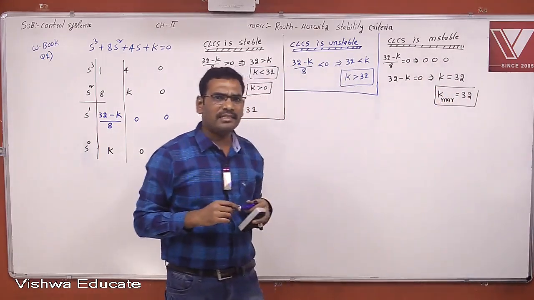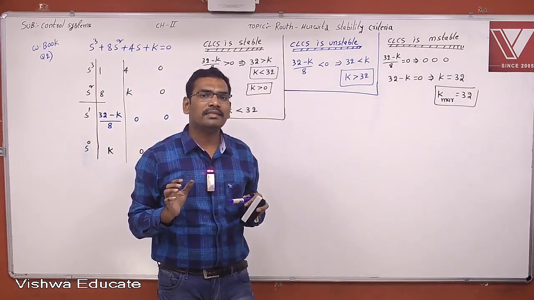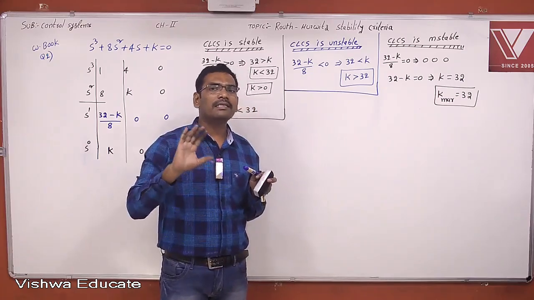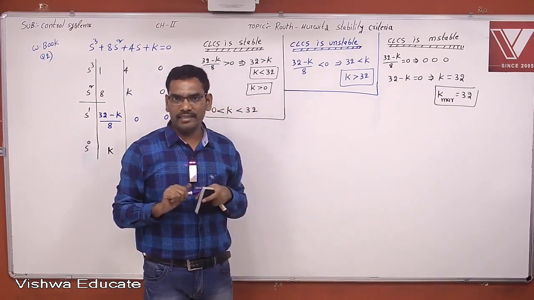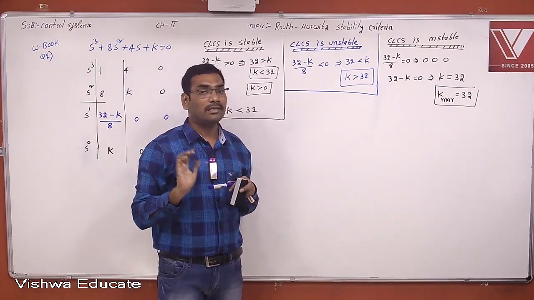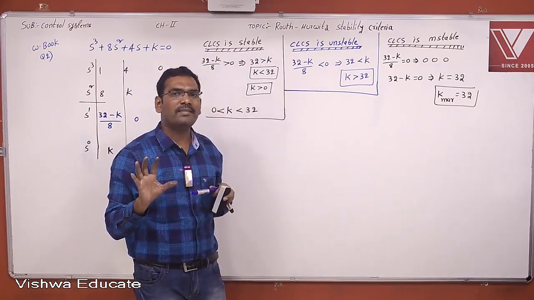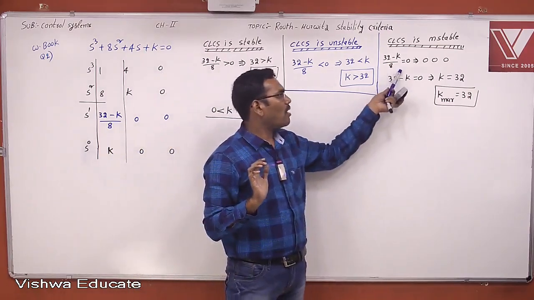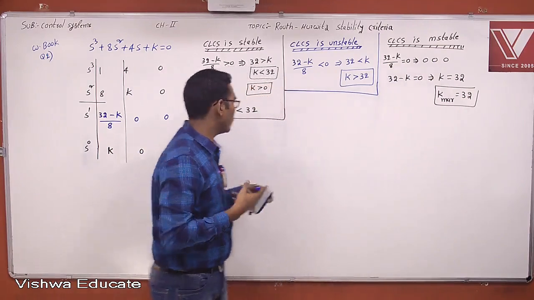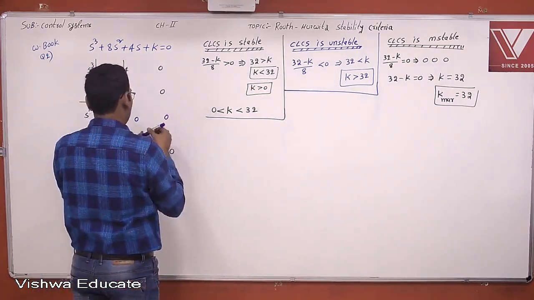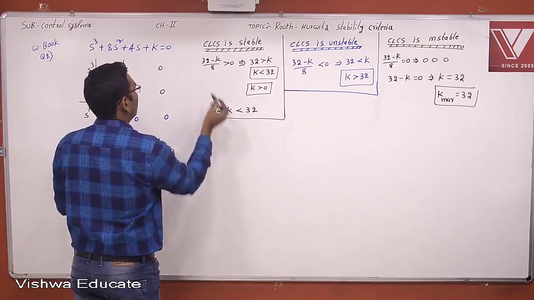Now when k equal to 32, the system is marginally stable. What is a marginally stable system? A marginally stable system is a system whose response maintains constant amplitude and frequency of oscillations. So whenever the system is marginally stable, it produces some frequency of oscillations. So the auxiliary equation is the one responsible; you ask the auxiliary equation, and it gives that parameter.